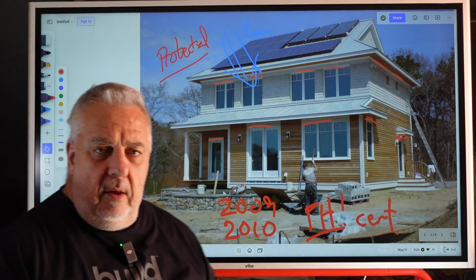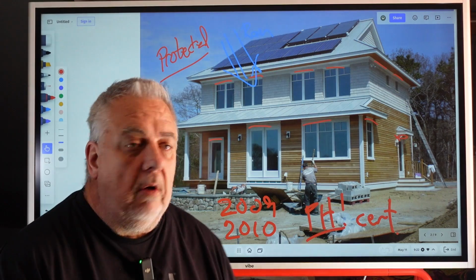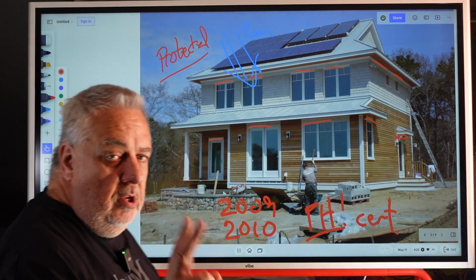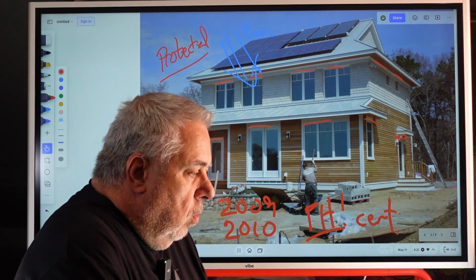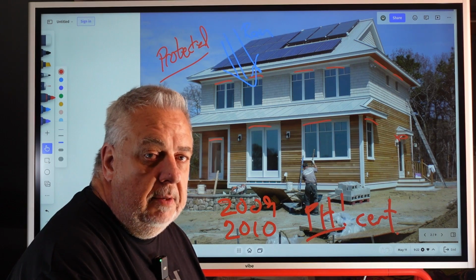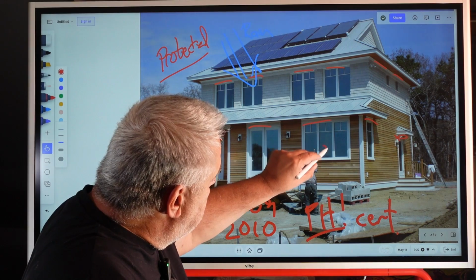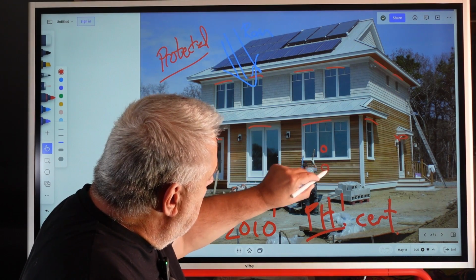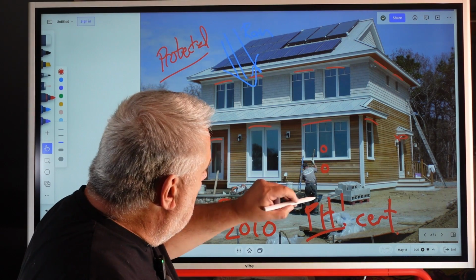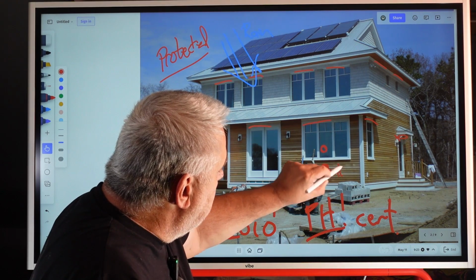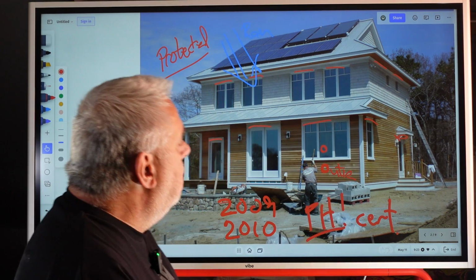But one other thing of note in this photo, notice there's 2 types of what I would call window settings, right? So here, notice all of these windows are somewhat in the same plane as the wall. So I would call those outies, right?